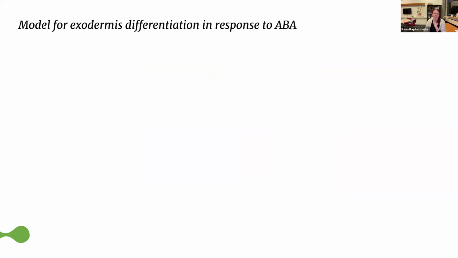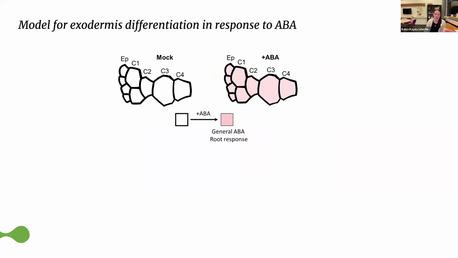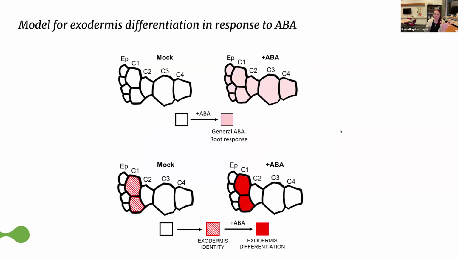Okay, so then we had a model, basically: there is an ability in chickpea to differentiate the outermost cortical layer into an exodermis with a barrier function, but of course the entire root has general ABA root responses.